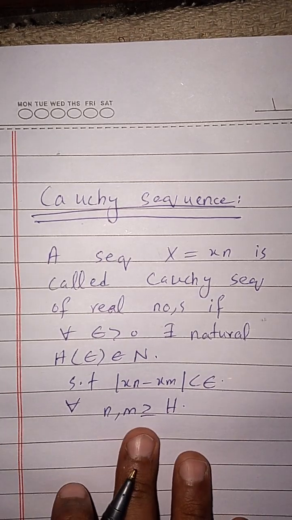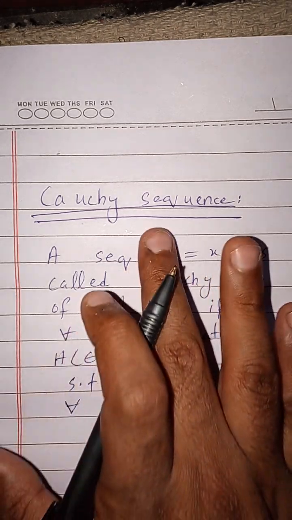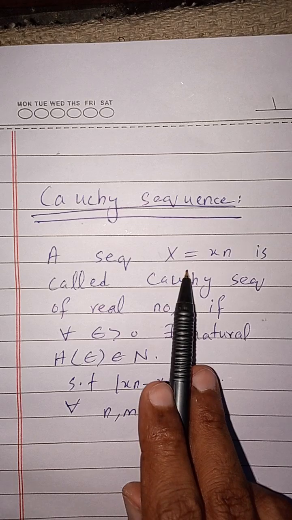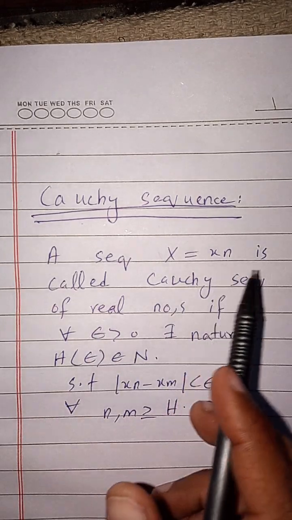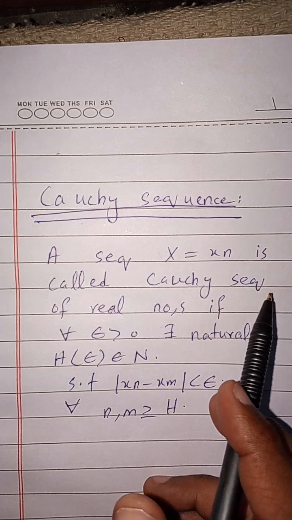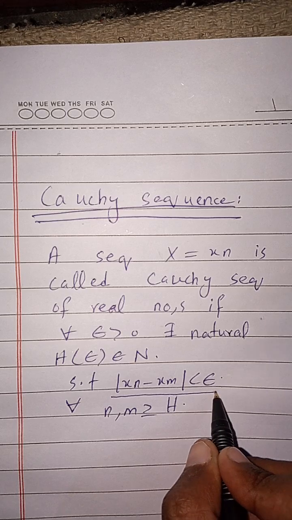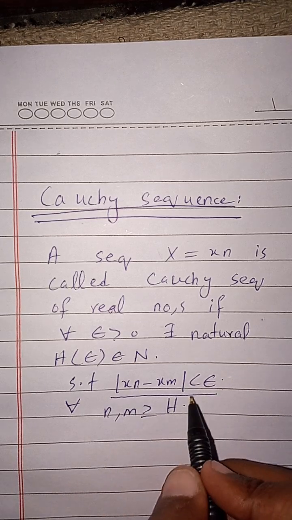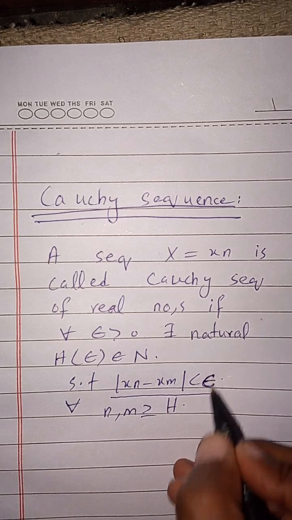So this definition is similar to the limit definition. A sequence xn is Cauchy if the distance between any two terms, the nth term and the mth term, is less than any positive number epsilon.